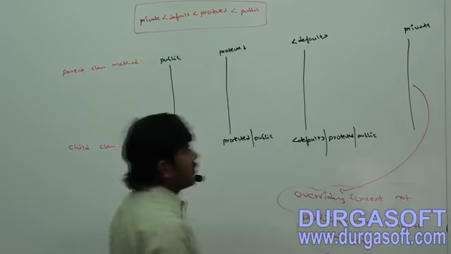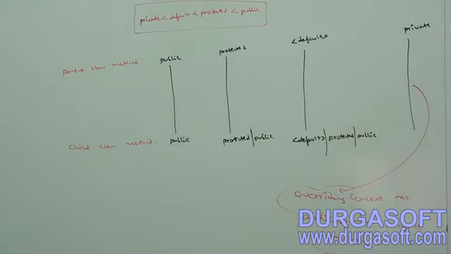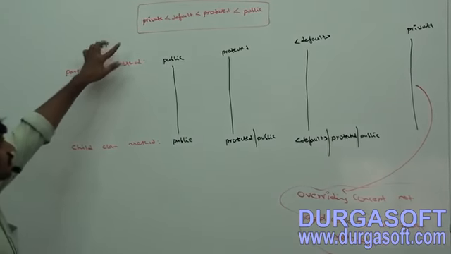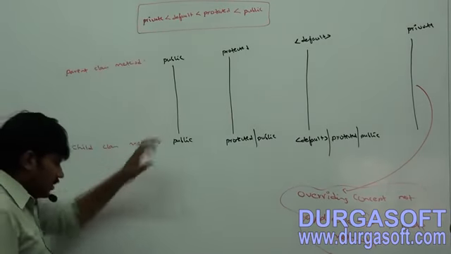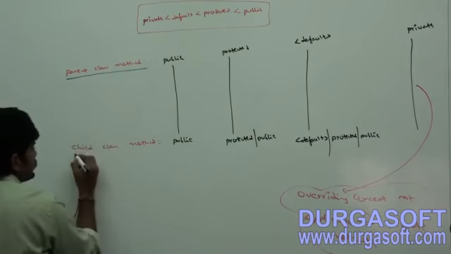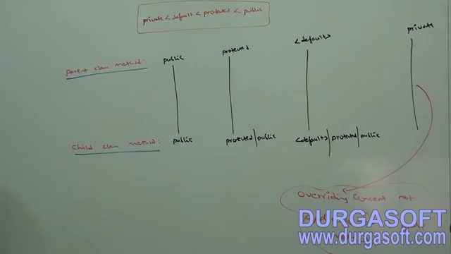Like this, take this total thing clearly. These are the rules for overriding.